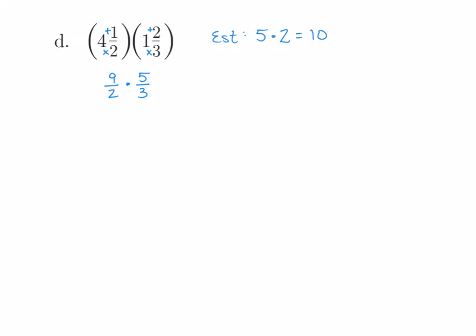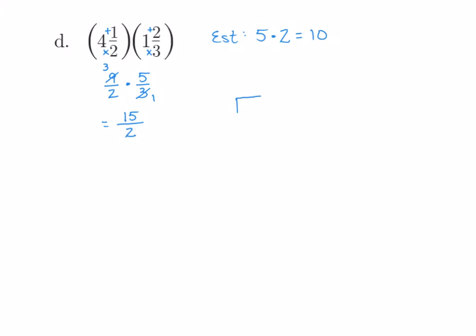Let's cancel common factors. 9 and 3 are both divisible by 3, so we get 1. 9 divided by 3 is 3. And if we multiply straight across, we get 3 times 5 is 15. 2 times 1 is 2. We get an improper fraction of 15 over 2.